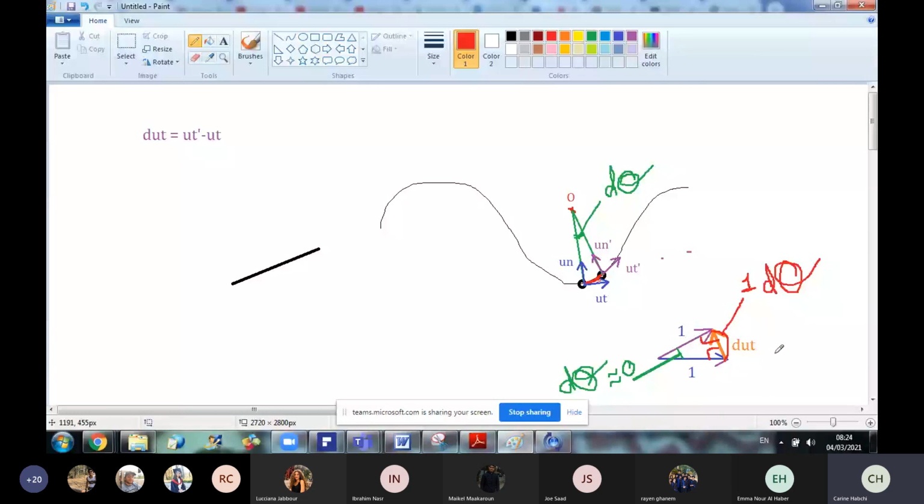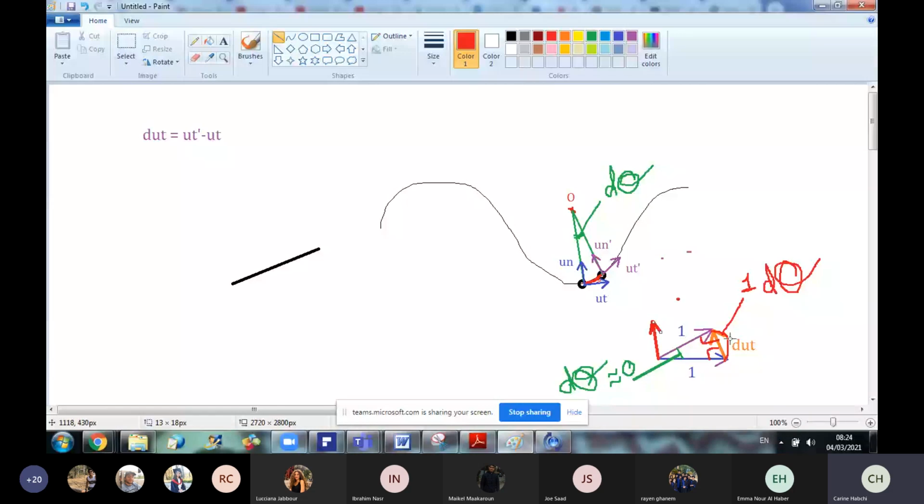So what can I deduce from this? That dUT is perpendicular to UT upward, so it is collinear with and has the same sense as UN. If I draw the UN vector, it is the unit vector of dUT, because it is perpendicular to UT upward, like dUT here.